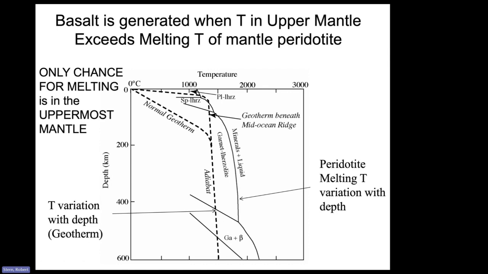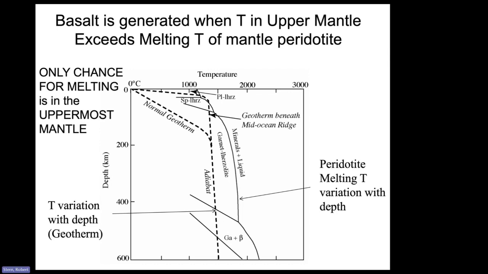It's because our geotherm looks like this, which never gets anywhere close to the melting temperature of these mantle rocks. But out in the middle of the Pacific, where you have the East Pacific Rise, it does. If you get a little bit above the melting temperature, you'll generate a partial melt, and that can rise to the surface and erupt as a basalt. Okay.